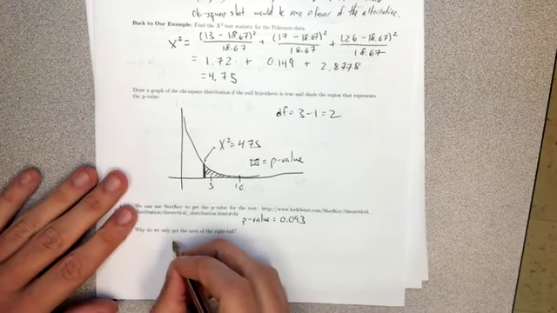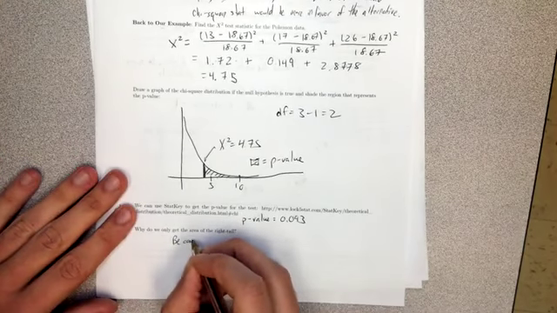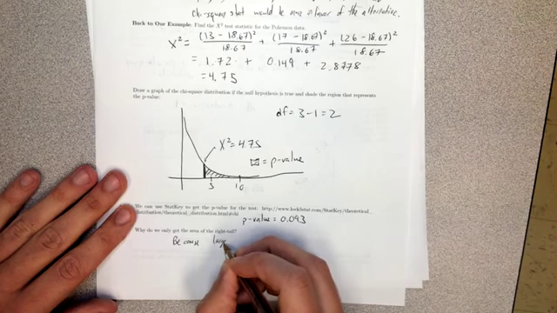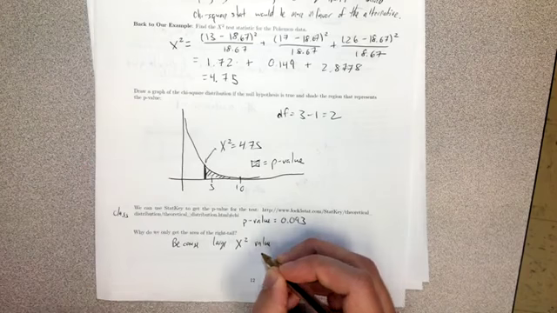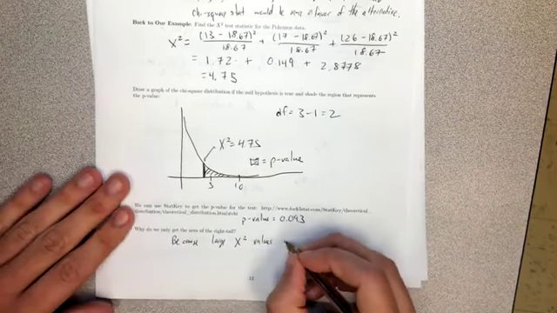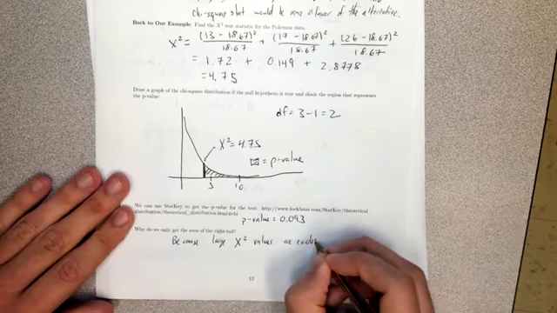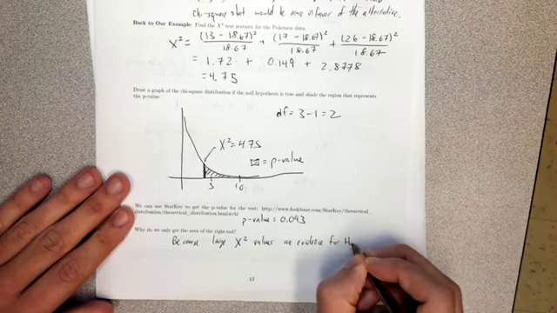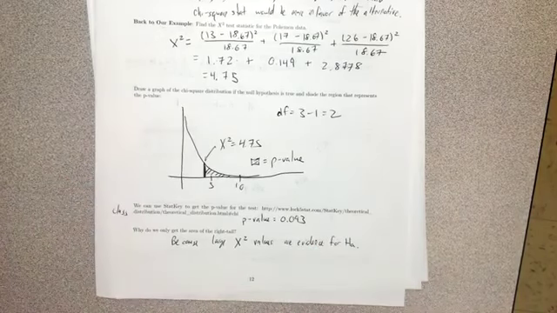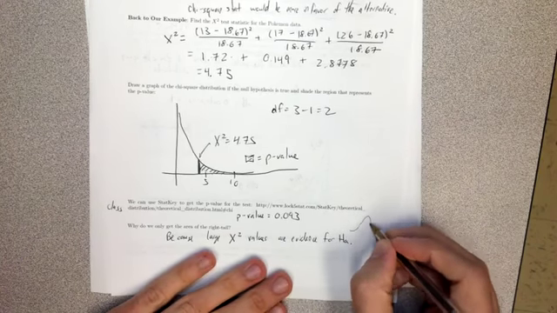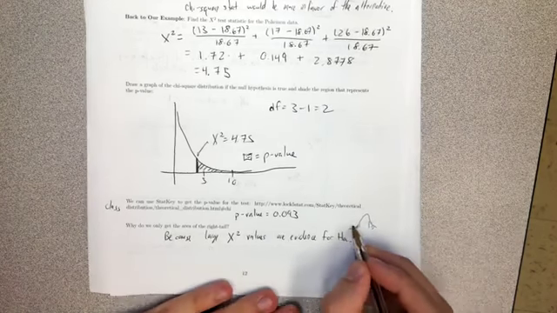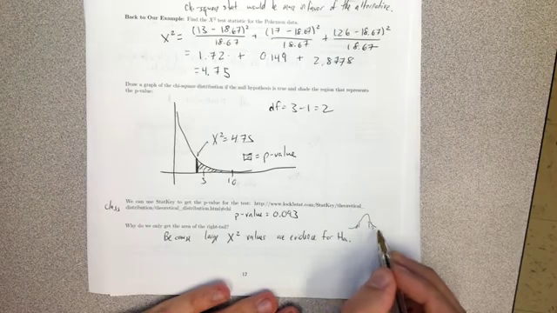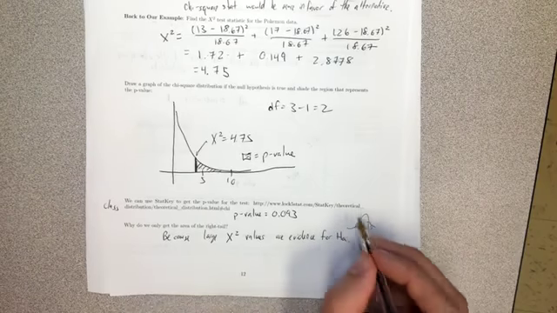And so remember, we're only getting area on the right tail because we agreed that large chi-square values are evidence of the alternative. And so before, when we had the normal distribution, we shaded both tails because evidence for the alternative would be on either side of the distribution.